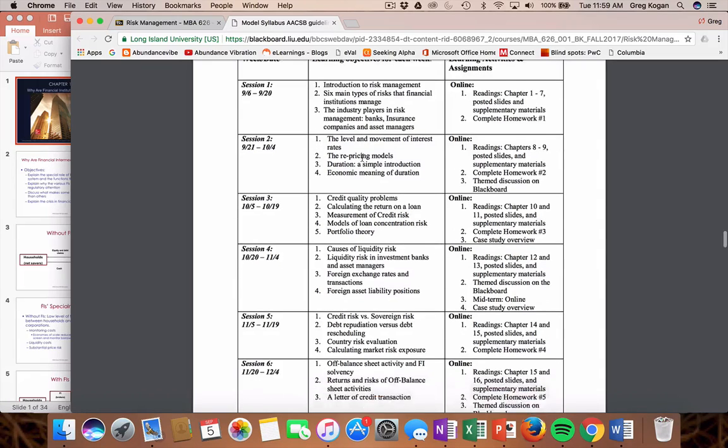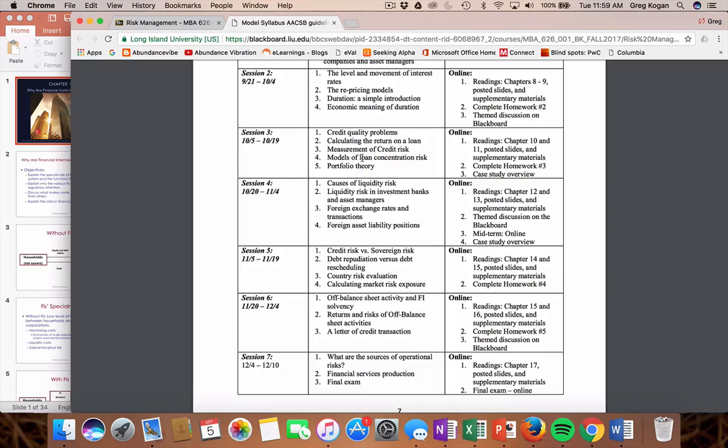Then in session 2, we're going to go over interest rate risk, which is what happens to the balance sheet of a financial institution, an insurance company, a mutual fund or hedge fund when interest rates change, and how these managers manage the possibility of interest rates moving up or down.